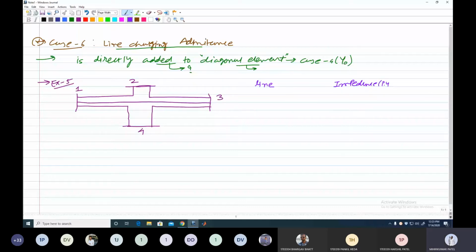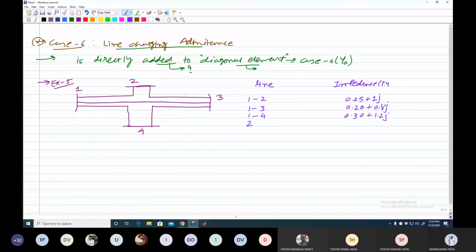Between line number 1 and 2, it is given 0.25 plus 1J. Between 1 and 3, it is 0.20 plus 0.8J. Then between 1 and 4, it is 0.30 plus 1.2J.